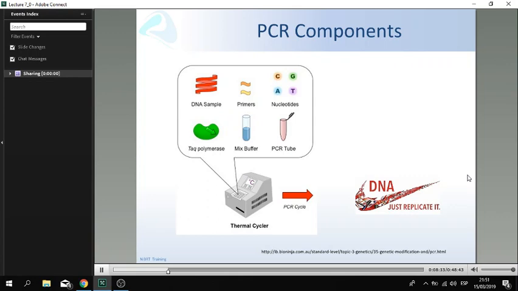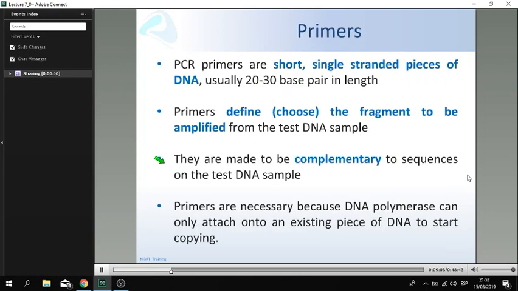You need to have an enzyme that will help you add nucleotides to a growing chain of DNA. You need to put all of that in a buffer that will provide a good environment for the reaction to happen, and that all needs to be put into a specific tube that will allow for the reaction to happen. All of those components go into a thermal cycler that is capable of heating our samples to different temperatures in order to multiply our DNA. So we'll talk about all of these steps in more detail.